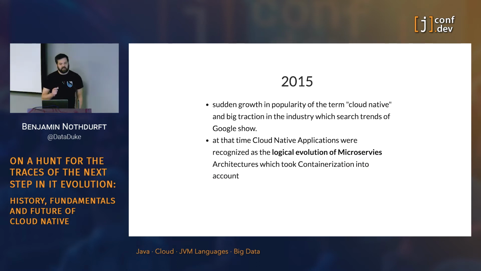2015 was the year when you searched in Google for the first time, a lot of hits were recognized for the term cloud native. At that time, we perceived it as a logical evolution of microservices, which included containerization already.